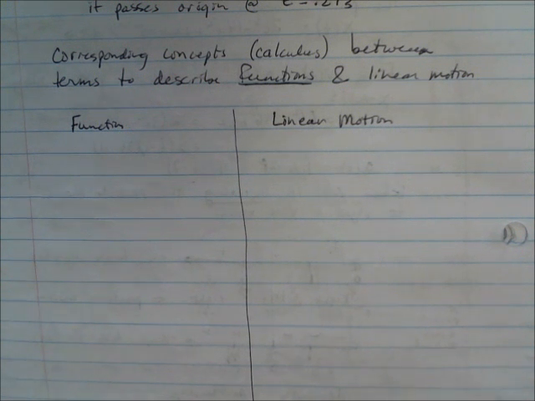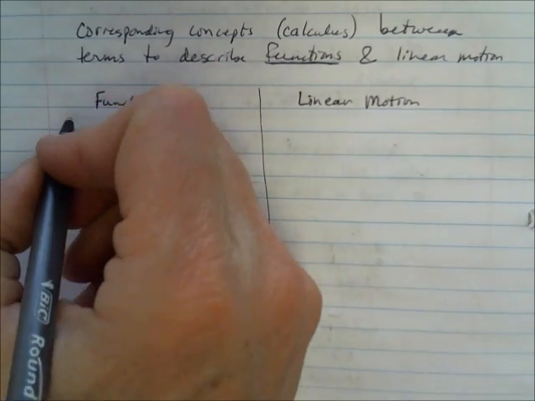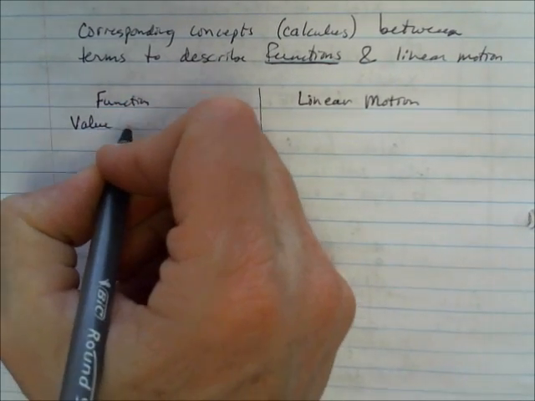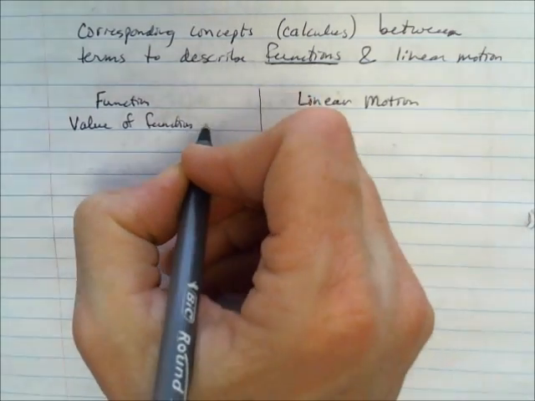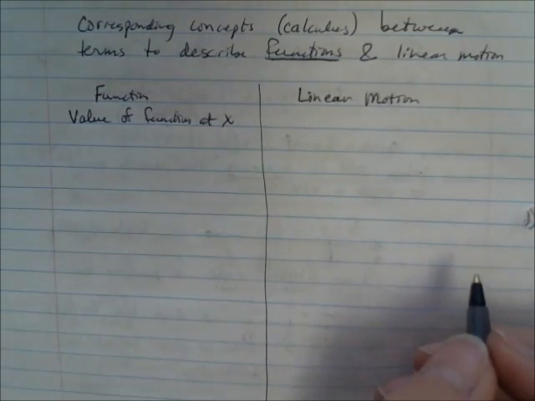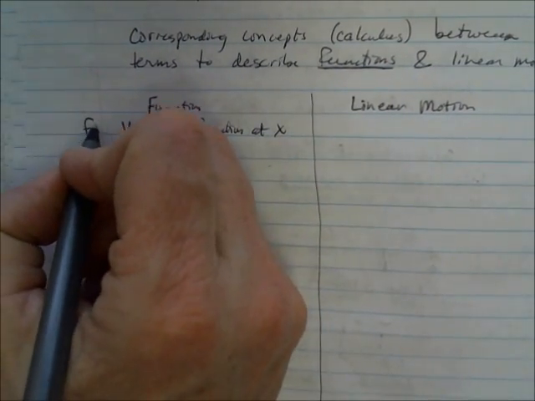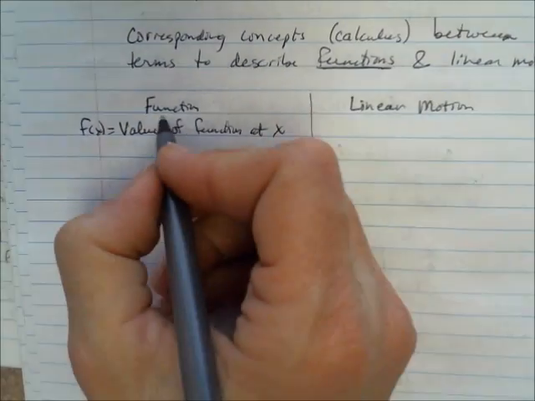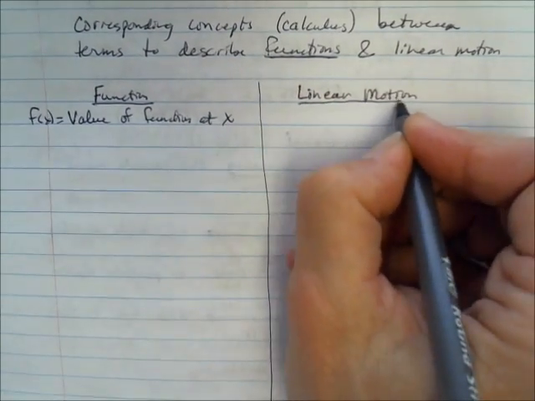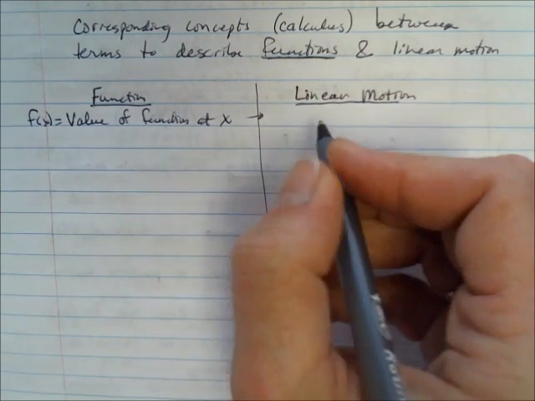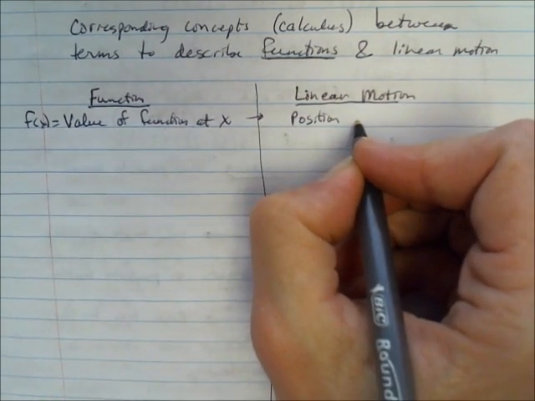So one of the terms that we use to describe a function is the value of the function at x. And that is actually equal to f of x. So that's when we're talking about functions. But when we're talking about linear motion, this is the same concept as a position at time t.